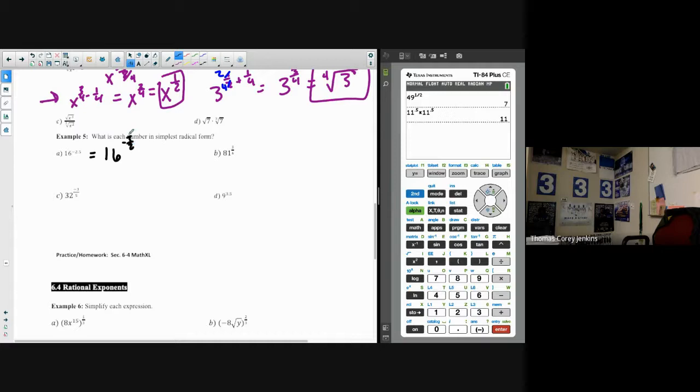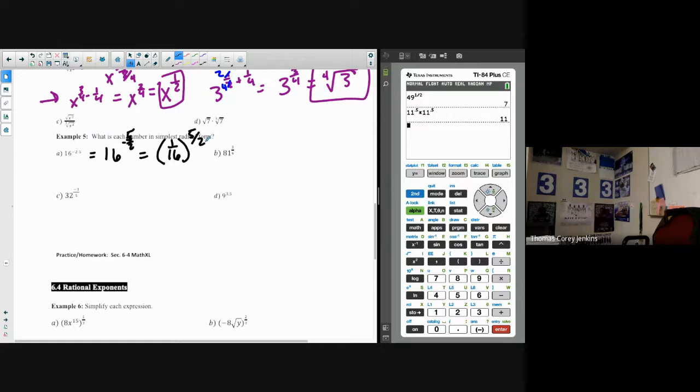Sorry, that's kind of hard to see. All right, and then when you have a negative, you think of the reciprocal of the base, okay? So that's equal to 1/16 to the power of 5 halves. And then we can just work it out from there.